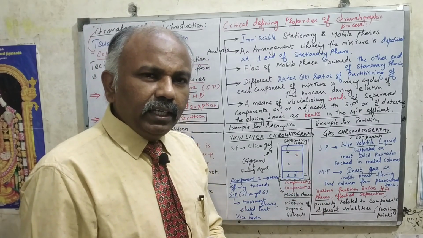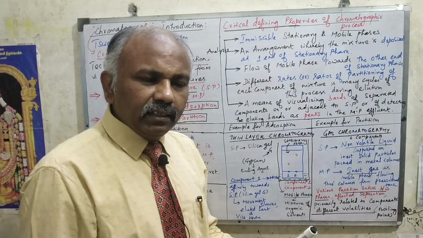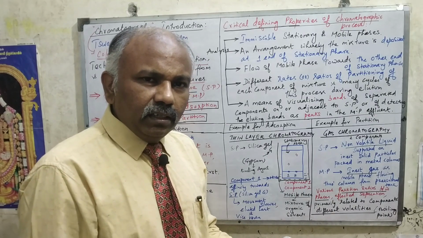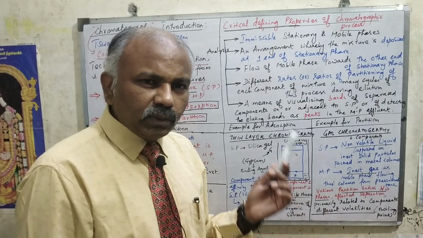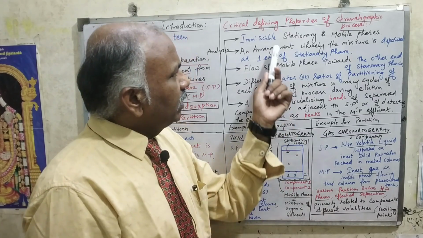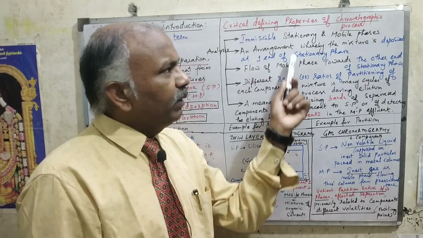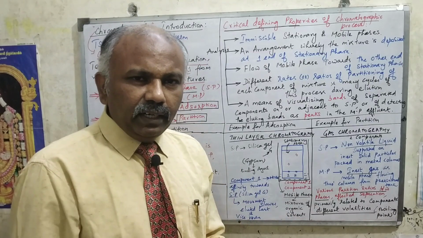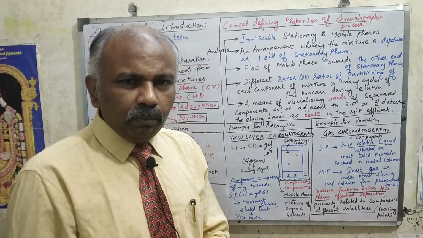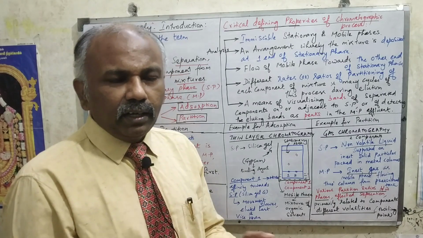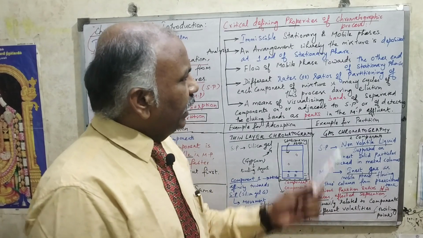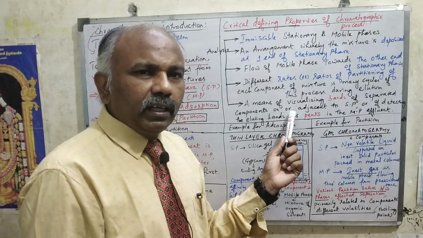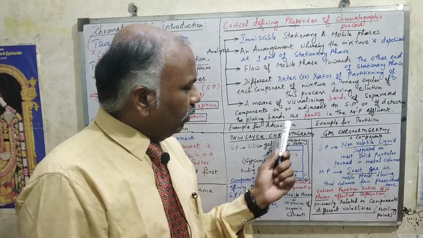That means finally you have to visualize the bands after the separation of the components. So these are the 5 critical defining properties for any chromatographic process, whether it is thin layer chromatography, paper chromatography, gas liquid chromatography or high performance liquid chromatography. For any chromatography, these critical properties are very important, right?